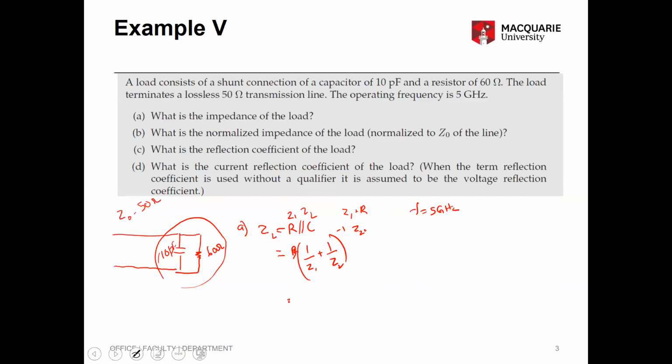Z2 in this case is 1 over j omega C. So omega is 2 pi f, with f being 5 times 10 to the power 9. The capacitor is 10 picofarads, so that's 10 to the power minus 12. Then you can find Z2, and you know R is 60 ohms. Then you can sub in those values, and you get Z load.